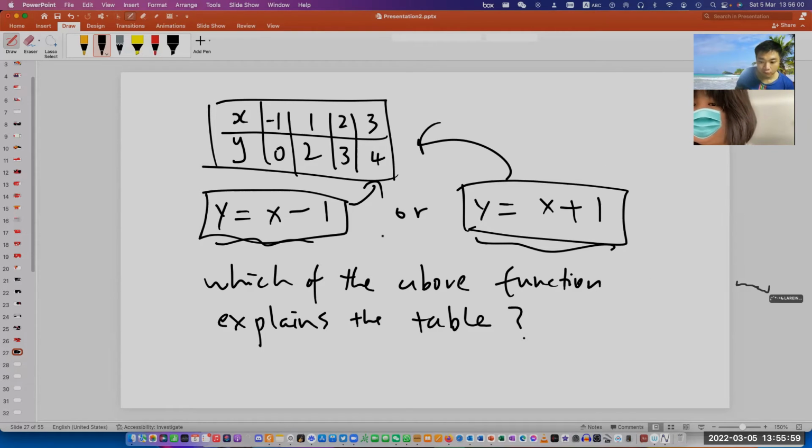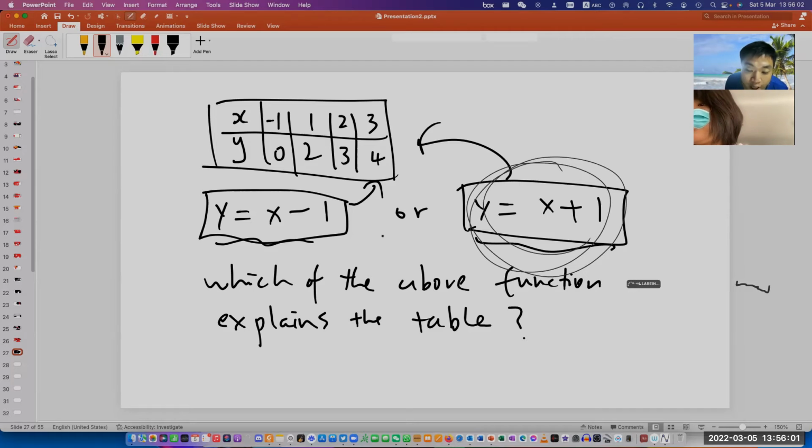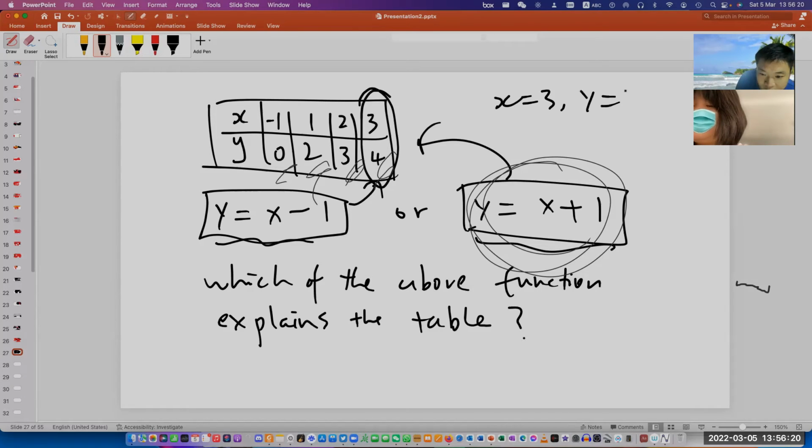This one. Okay. Why? How do you check? Because x plus 1 equals this number, and this number, and this number, and this number. Correct. So if you get this question right, it means you just pick one pair. Let me pick 3 and 4. So x is equal to 3, y must be 4, right?